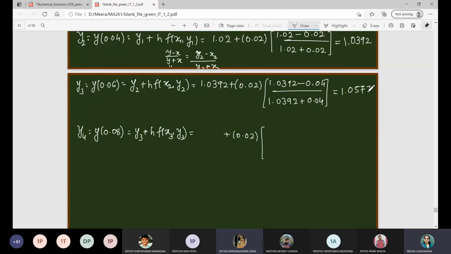Yes, correct one. So here y4 means y at x4. x4 is 0.08. So 1.0577, that is y3. h, that is 0.02. F of x3 y3 means y3 minus x3 upon y3 plus x3. So y3 is 1.0577 minus x3. x3 means this value, 0.06, upon the addition of this.